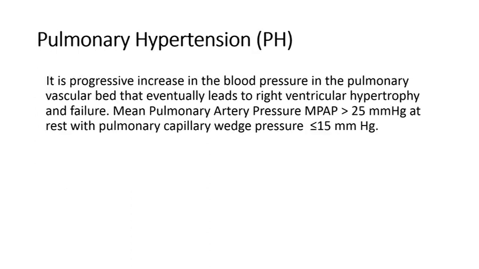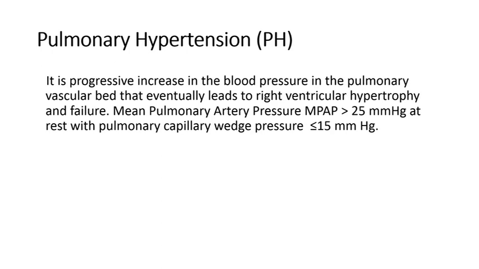So, by definition, pulmonary hypertension is a progressive increase in the blood pressure in the pulmonary vascular bed that eventually leads to right ventricular hypertrophy and/or failure. Mean pulmonary artery pressure should be more than 25 millimeter mercury at rest, with pulmonary capillary wedge pressure less than 15 millimeter mercury.